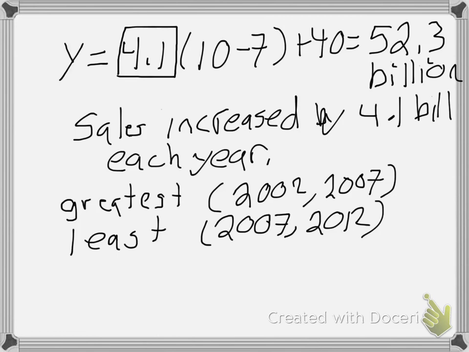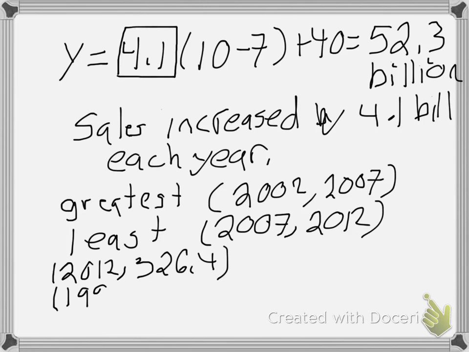Now, I know that there isn't a line segment there, but basically all they're asking you to do is take the point (2012, 326.4) and the point (1997, 55.3), and find the slope between those two points.